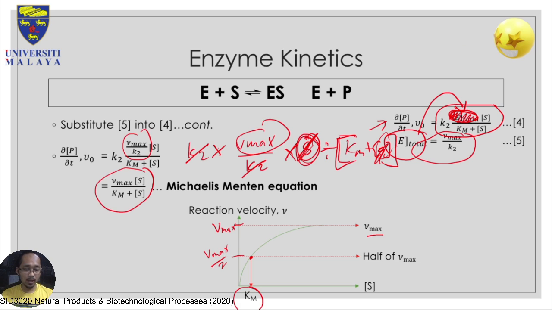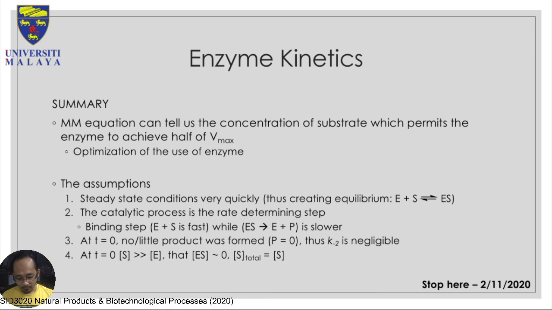So in industrial application, if you are doing some enzyme kinetics, it's very important to know your Vmax, or even without knowing your Vmax, you can actually determine all the other values. Okay, so basically that is the basics of enzyme kinetics. In summary, the MM, or Michaelis-Menten equation, can tell us the concentration of substrate which permits the enzyme to achieve half of Vmax. So this is an optimization value.